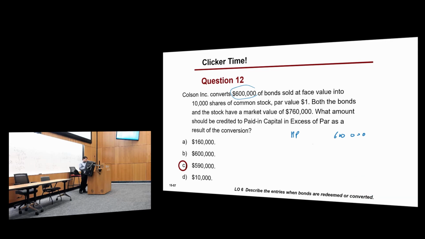Common stock, how much? $10,000. The difference between the two is paid-in capital in excess of par value, which will be 590,000.